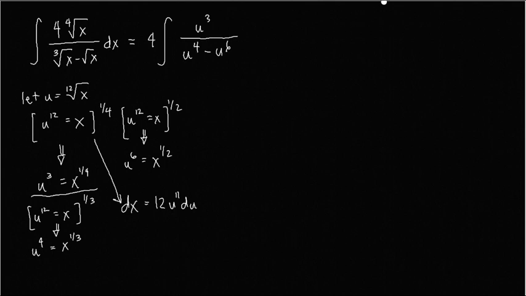Then our dx is this one, 12u raised to 11 du. So 12 times 4 is 48. Then u raised to 3 times u raised to 11 is u raised to 14, divided by u raised to 4 minus u raised to 6 du.